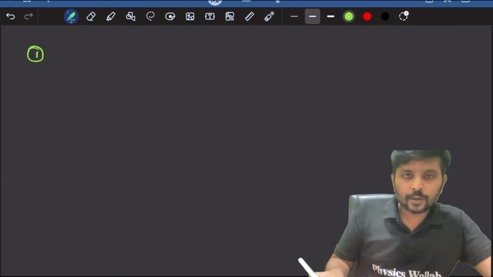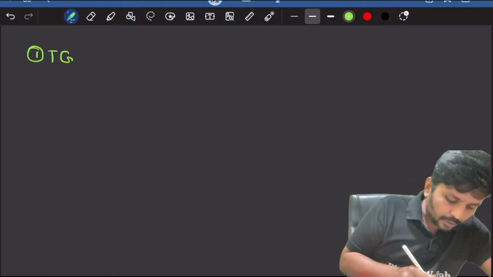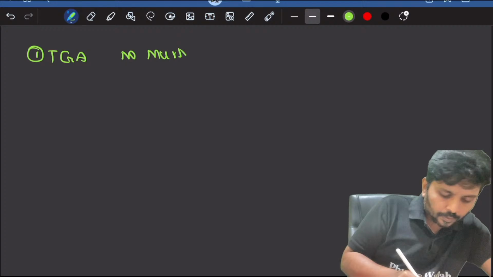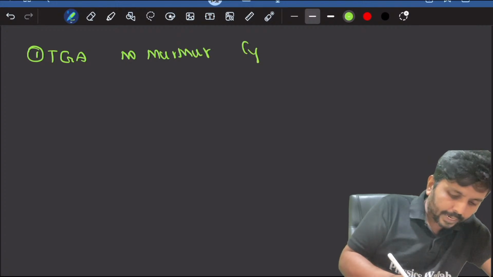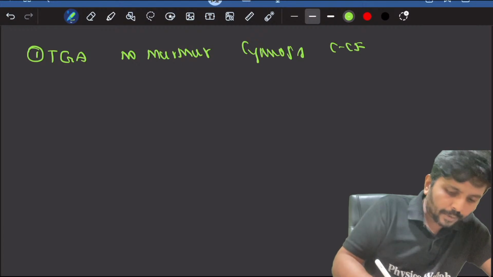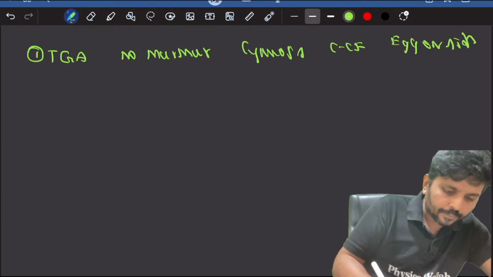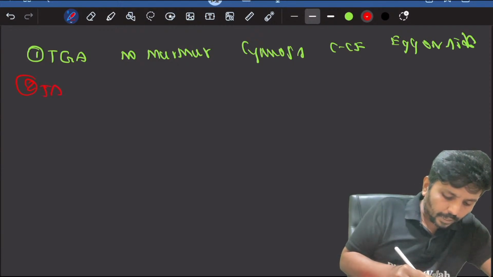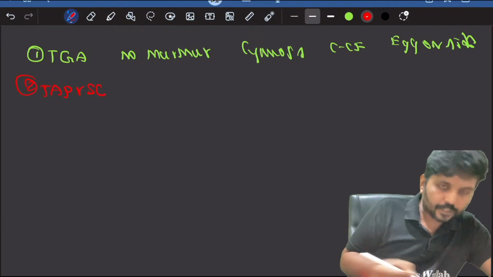So how to find out TGA, transposition of great arteries? No murmur, but cyanosis will be there, CCF will be there, plus egg on side heart. This is TGA. Second one is total anomalous pulmonary venous connection.